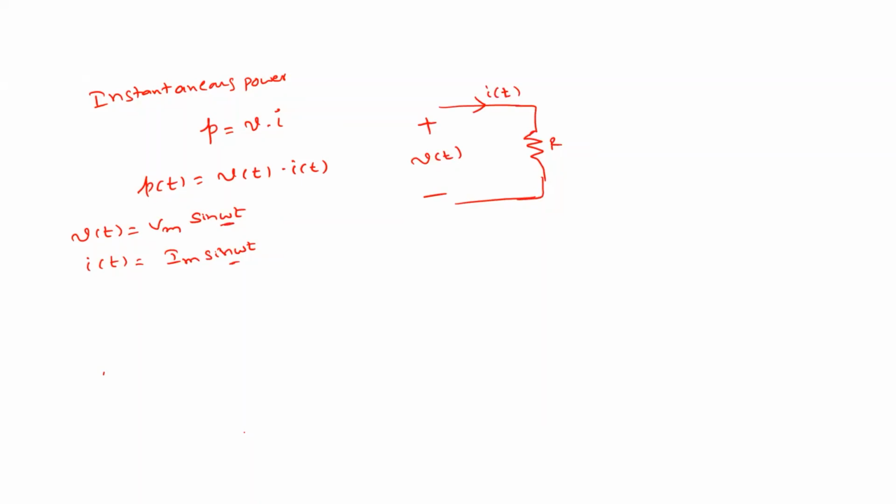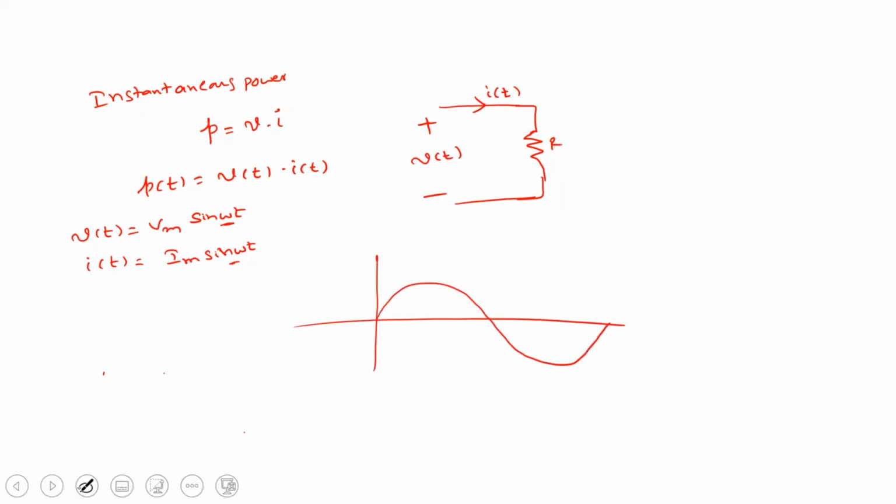If you draw these waveforms, you have voltage here and current here. This is v of t and this is i of t. Its peak value is Vm, and this is Im.